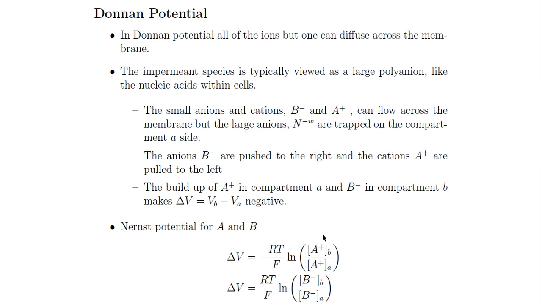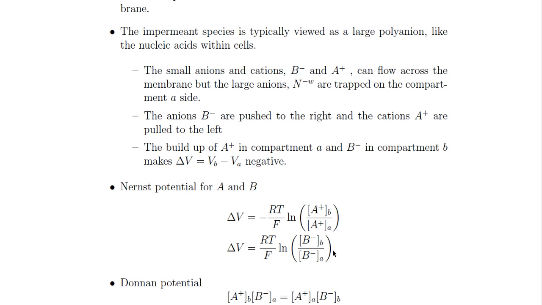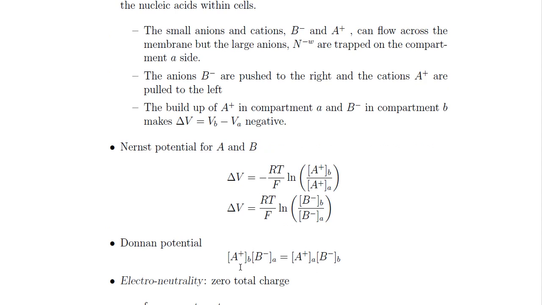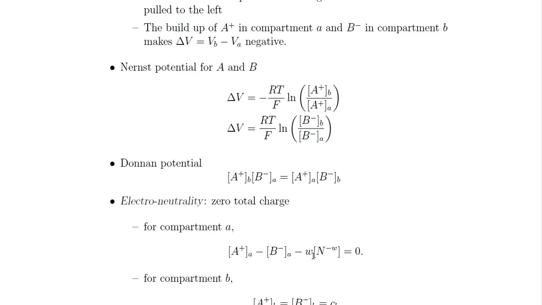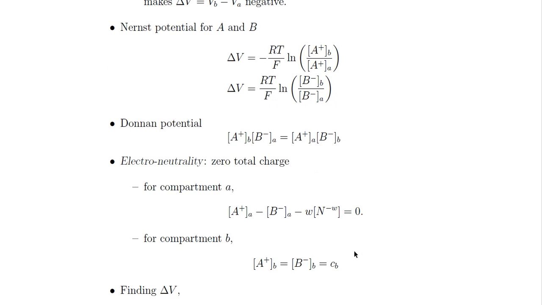So the Nernst potential for A and B is equal to this equation, but for the Donnan potential, A plus and B minus, the concentrations at compartment A and compartment B. So we have this. Okay, so for compartment A, the mass balance is equal to this equation, and for compartment B it is equal to this equation.